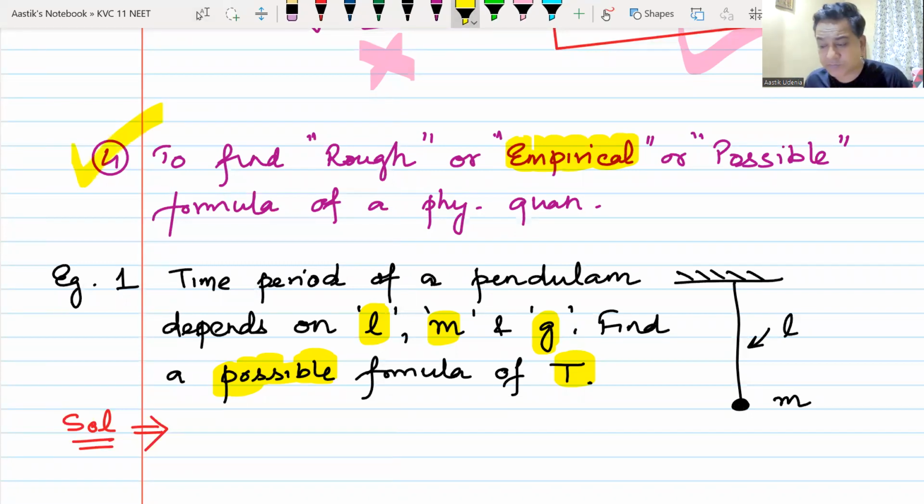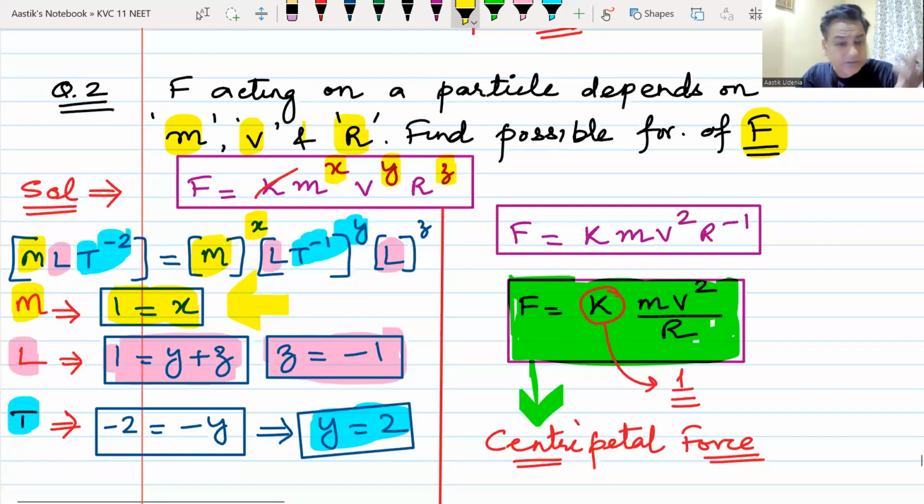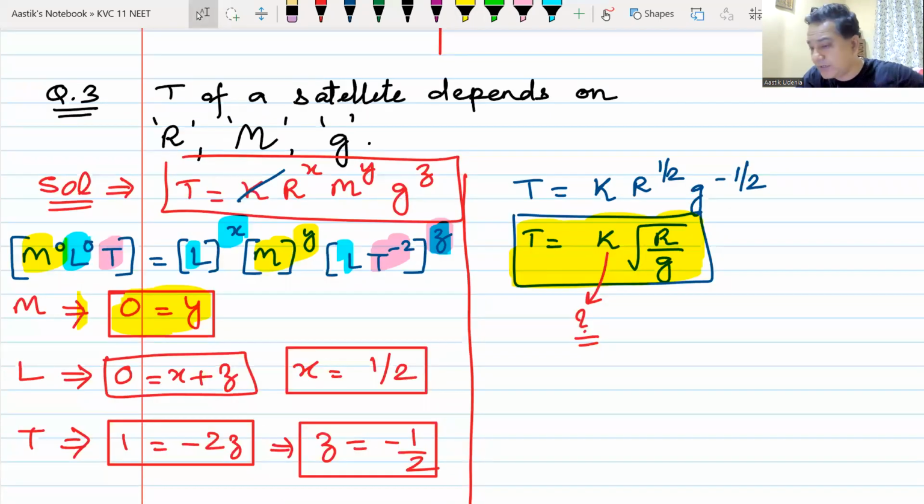We can find out a possible formula, or an empirical or a rough formula. We had seen some examples, for example, time period of a satellite. We had seen how we can derive the formula for centripetal force, as well as the time period of a satellite which is moving in orbit around any planet.